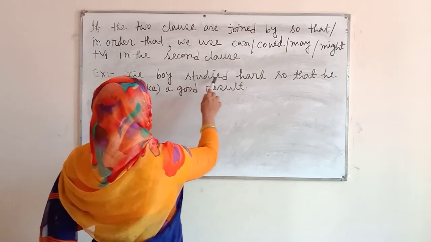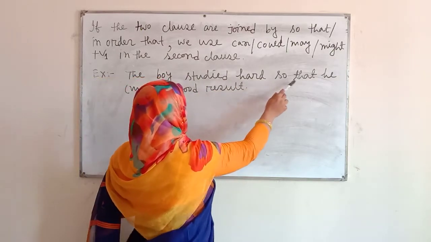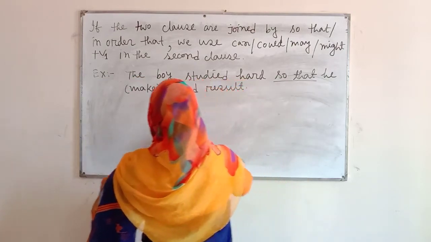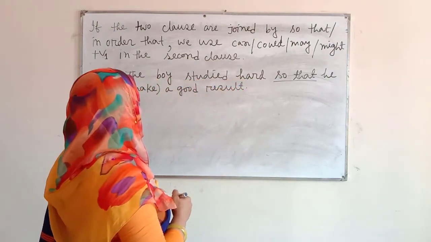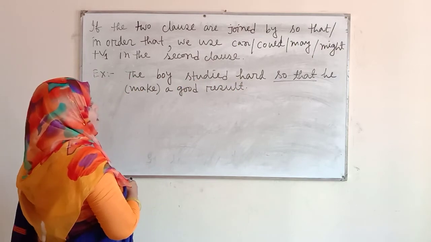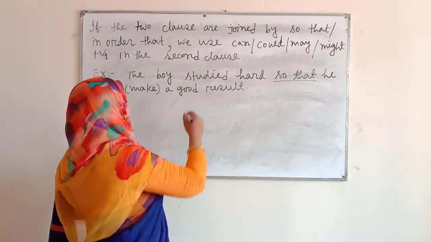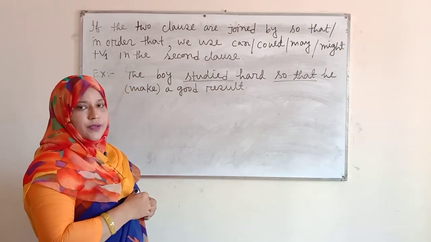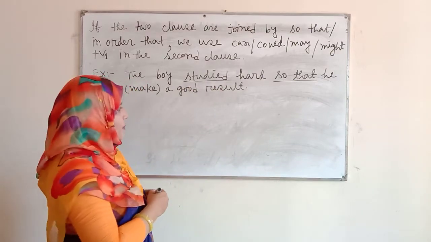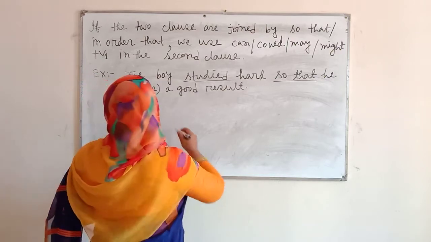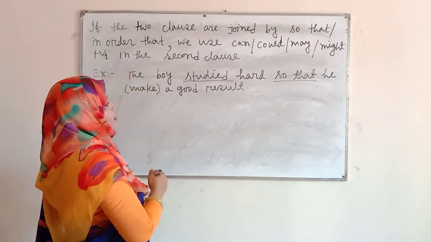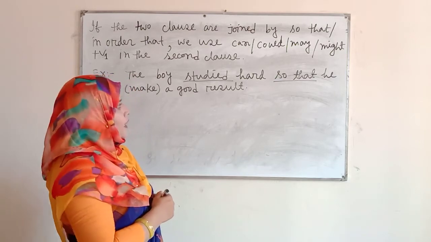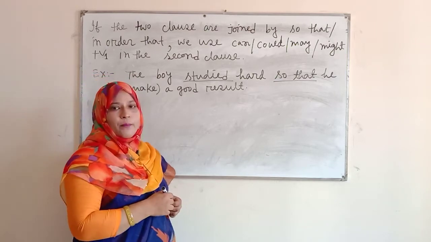The boy studied hard so that he make a good result. Here we notice that the verb is in the past form, studied, so after the subject we will use could or might.